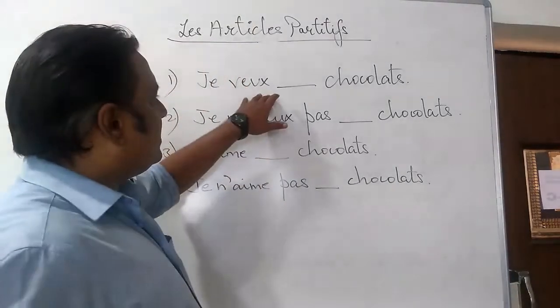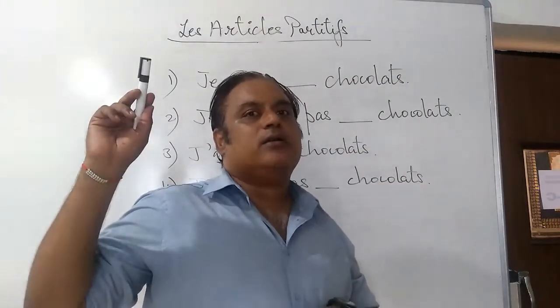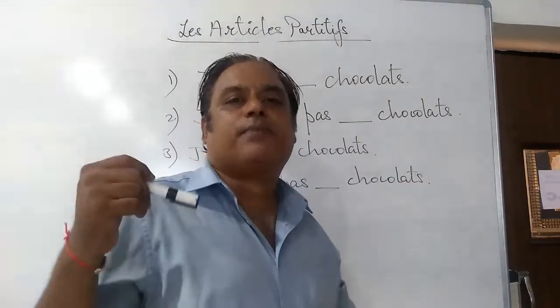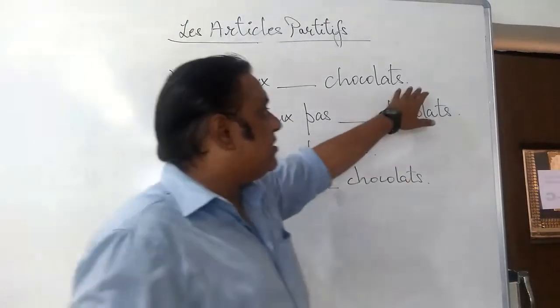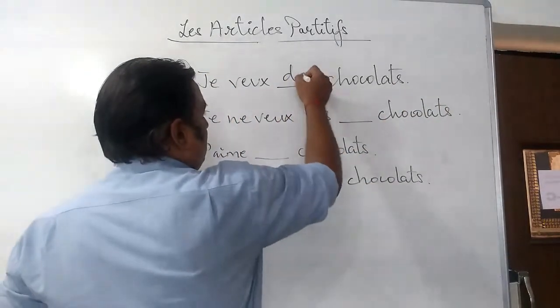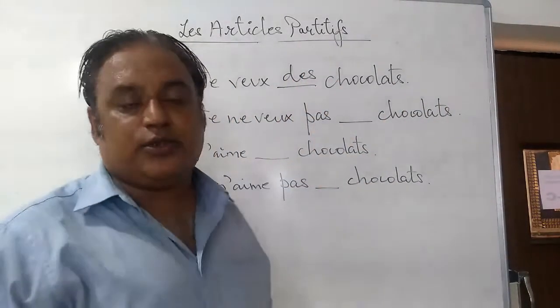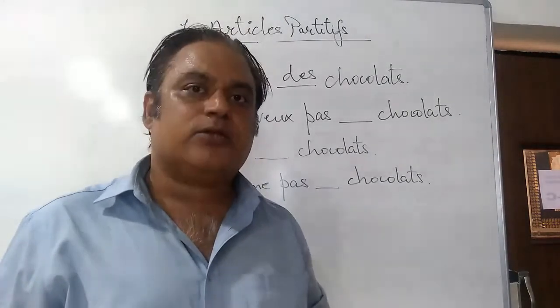Let's see. The first sentence says, Je veux des chocolat. Now I told you the verb vouloir needs to be considered to have a practical action, so it would always take a partitive article. Since chocolat, our object, is plural, this should be our answer. Je veux des chocolats. I want some chocolates.